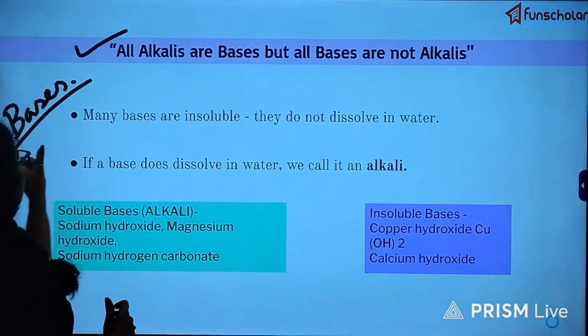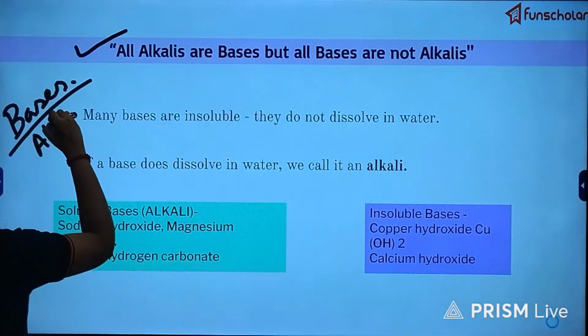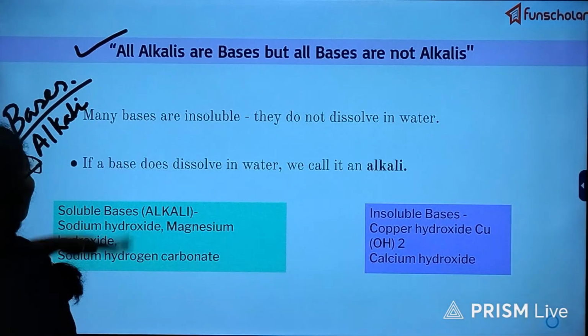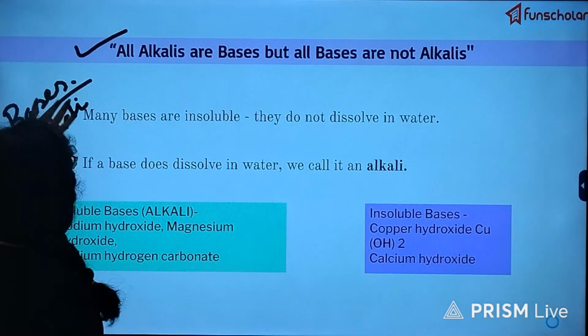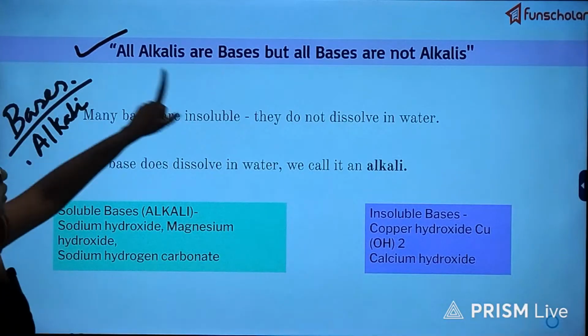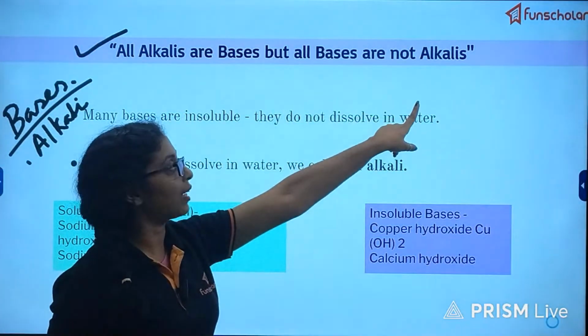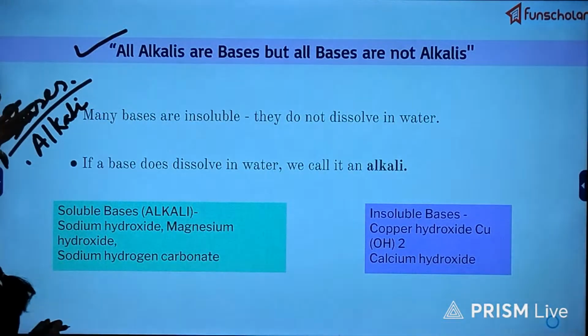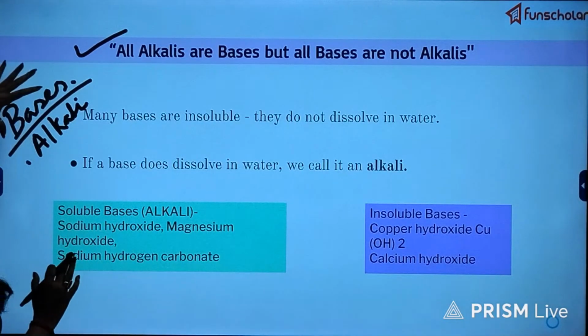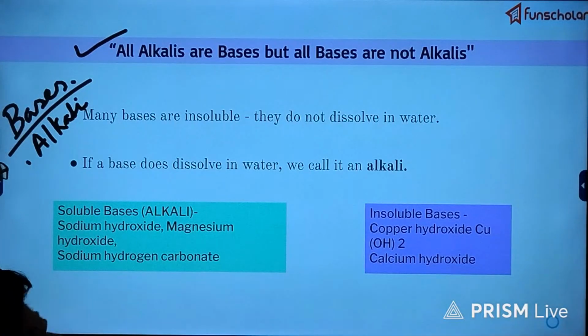So alkali is a shorter term, one type of base basically. The alkali group falls under the base group. But all bases are not alkalis. There is no guarantee that every type of base will fall under this shorter group, alkali.